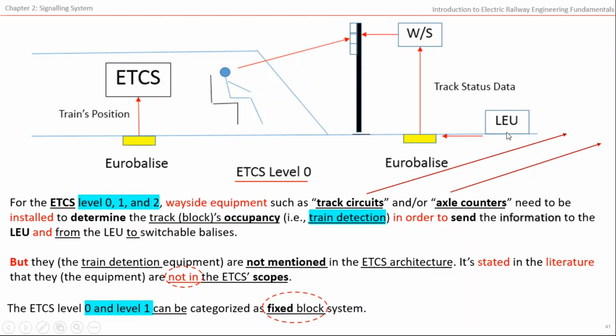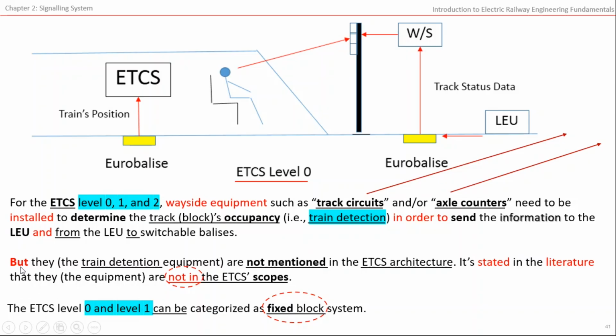Then the LEU will send the information to the switchable balises here, and this balise will send the information to the wayside equipment to turn on the lights, whether it will be green if the next section is vacant, or red if the next section is occupied.